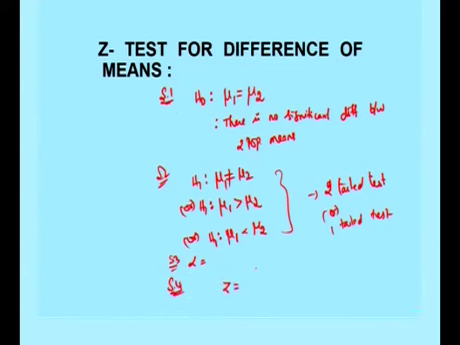Z is equal to x1 bar minus x2 bar divided by root of sigma 1 square by n1 plus sigma 2 square by n2. Okay. This is the formula for Z test for difference of means.